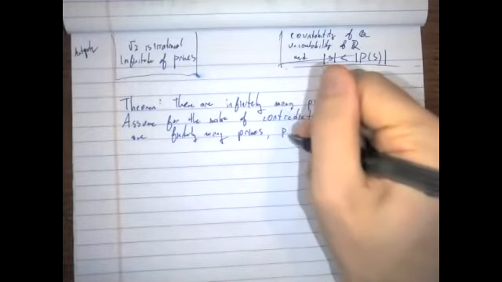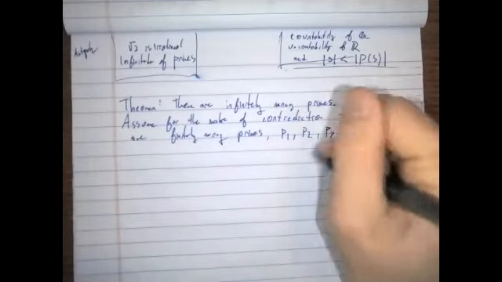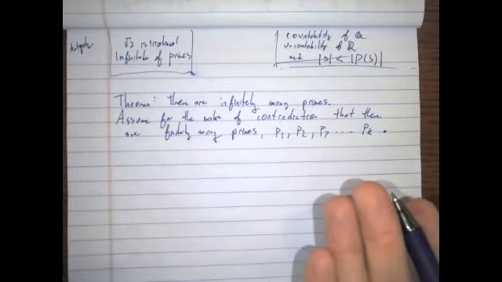If there are finitely many, I can just say there's P1, which is going to be 2. There's P2, which is going to be 3. P3, which is going to be 5. All the way up to PK. And then who knows what the last prime is, but there's some finite list of primes, and I can list them all off like this, right? So I'm assuming there are finitely many primes and that I've got them all.